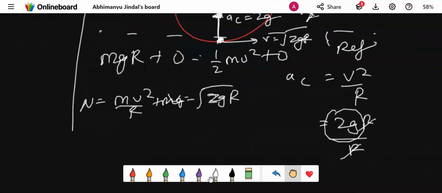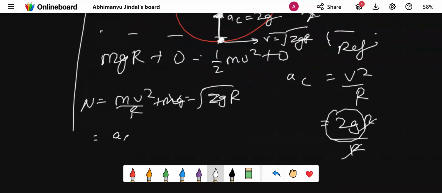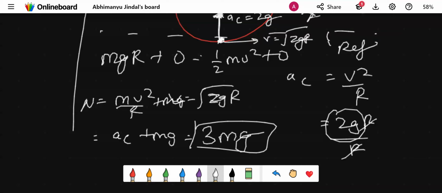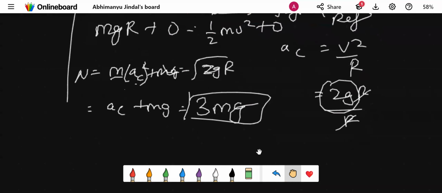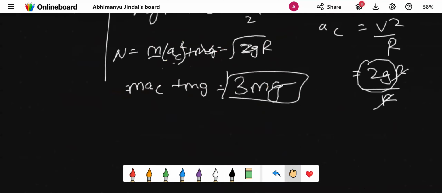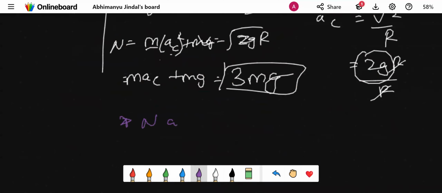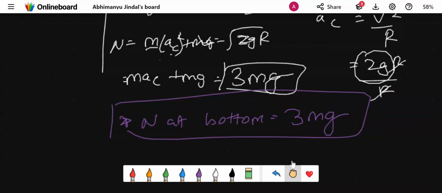You know this mv square by r is the centripetal acceleration times m, plus mg. So this can be written as m into a_c, which is 3mg. So one important thing is that the normal force at the bottom is equal to 3mg, right?